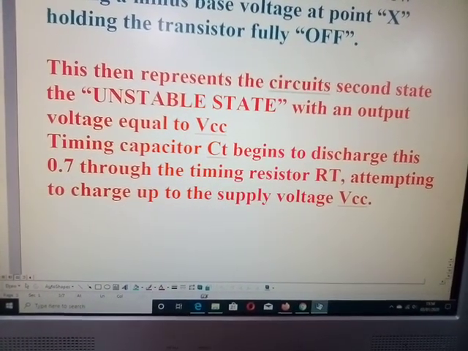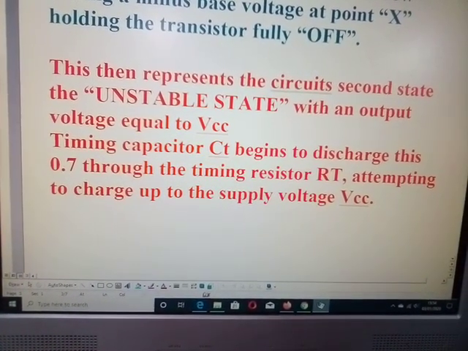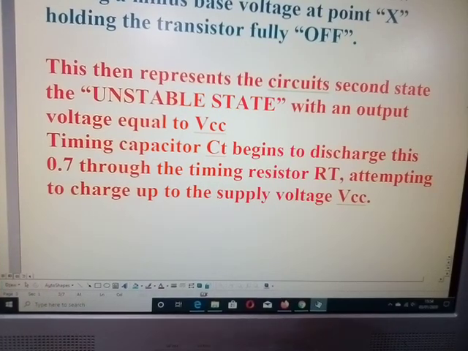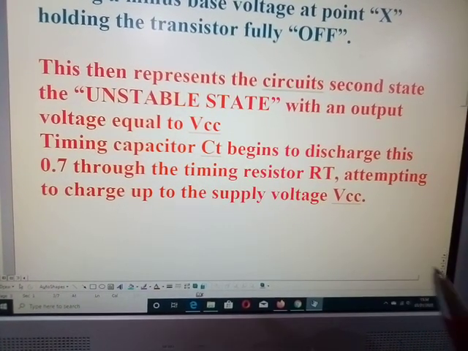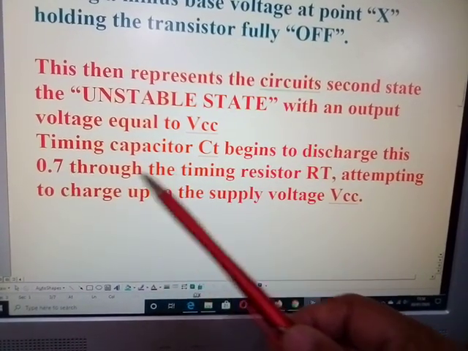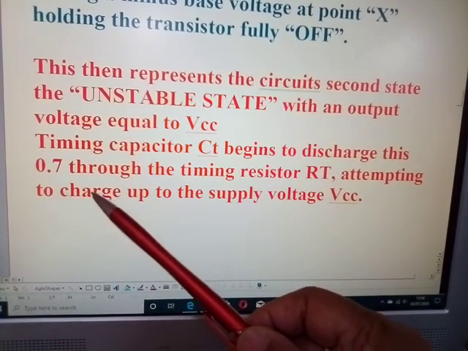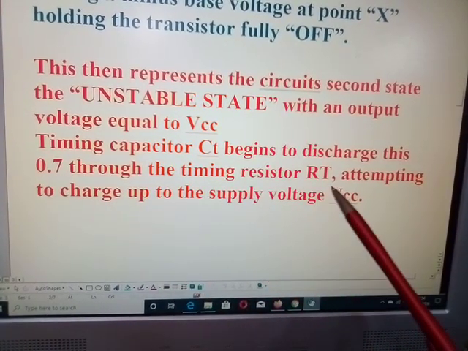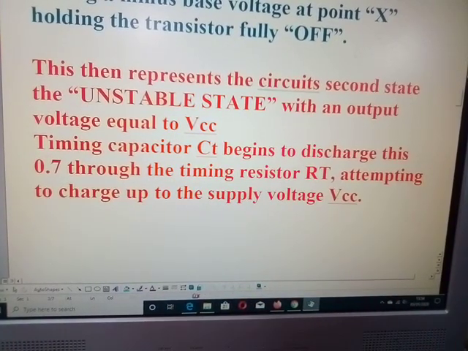Now remember, the output voltage for VCC will be the applied voltage that you have used. So if you have been using a 9-volt battery, then VCC will be 9 volts. Timing capacitor CT begins to discharge this 0.7 through the timing resistor RT, attempting to charge up to the supply voltage VCC.